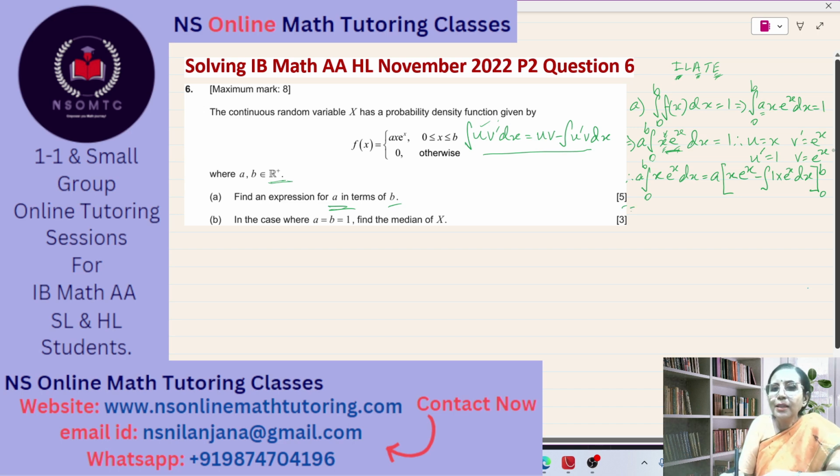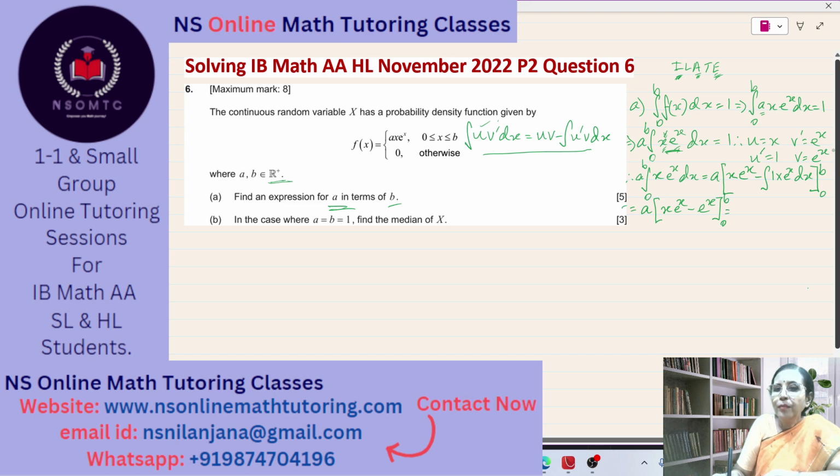So this is a times x e to the power of x, and 1 times e to the power of x is e to the power of x. The integral of e to the power of x with respect to x is e to the power of x, so minus e to the power of x, from 0 to b.